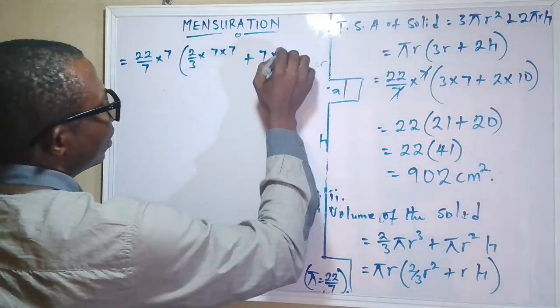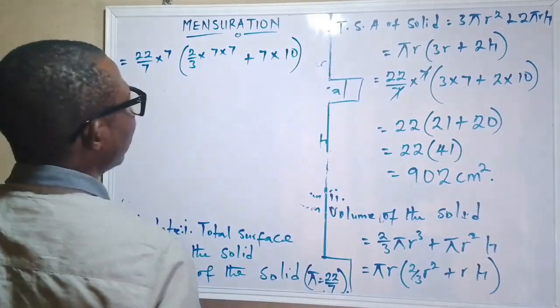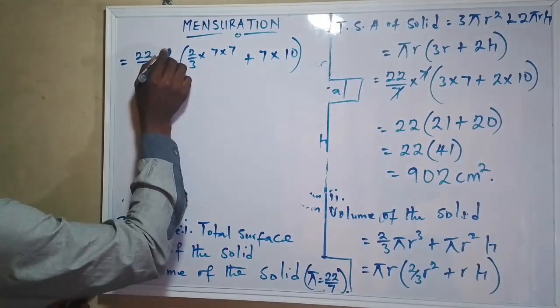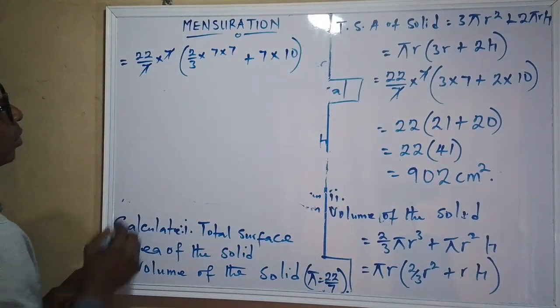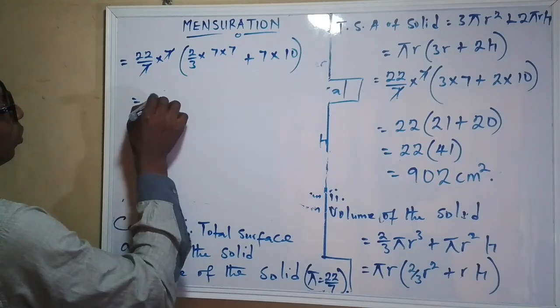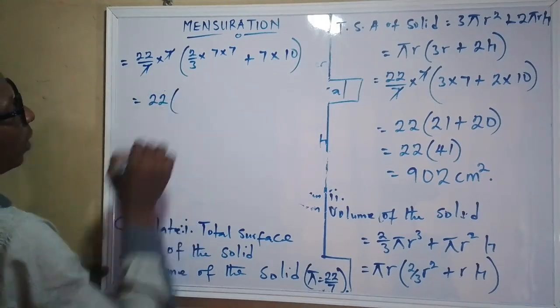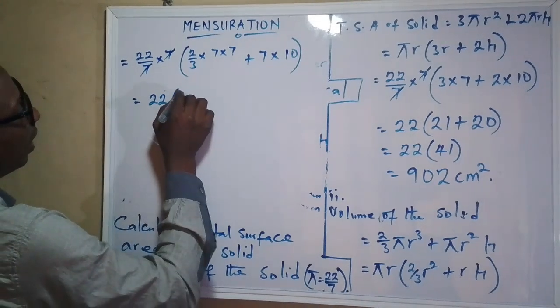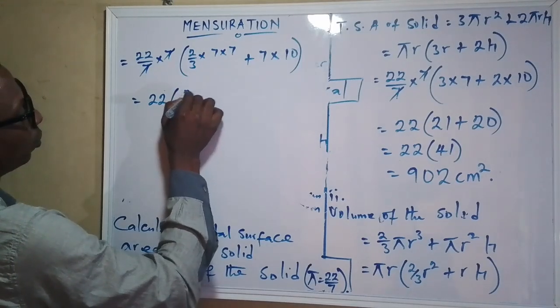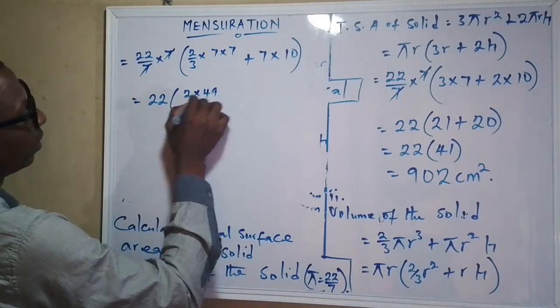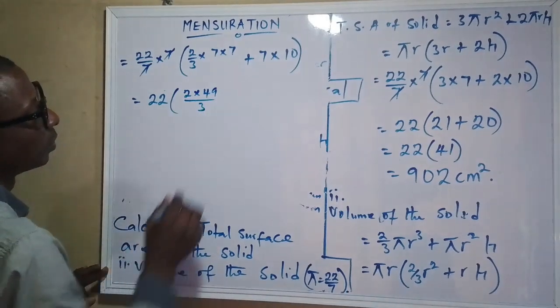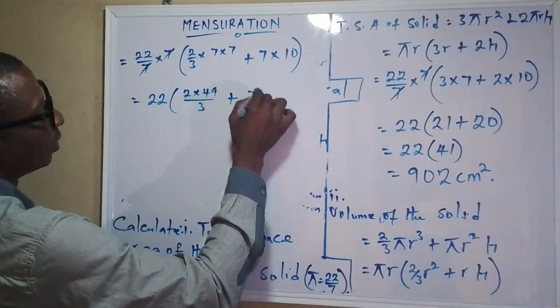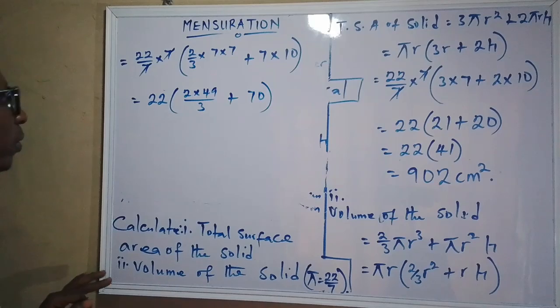The radius is 7. The height is 10. Here 7 cancels 7, so we have 22 open bracket, 2 times 49 over 3 plus 70. So that's what we have.